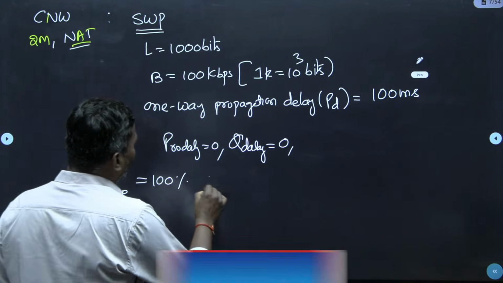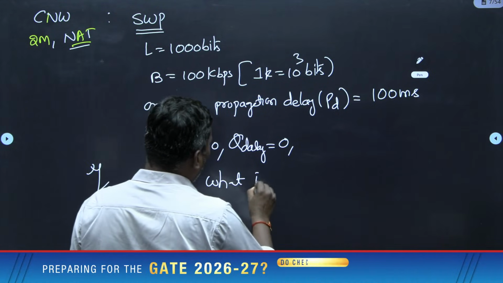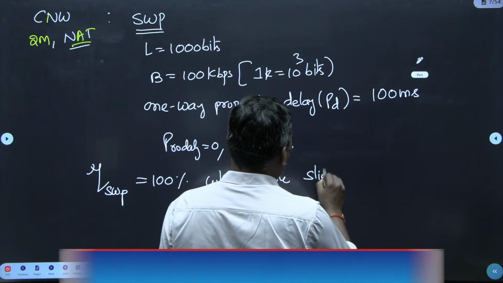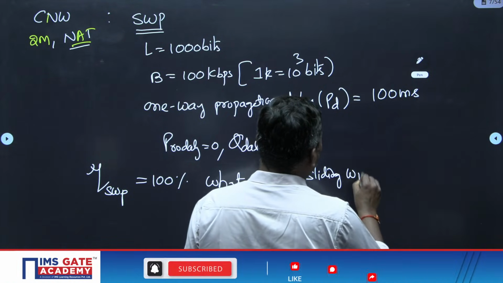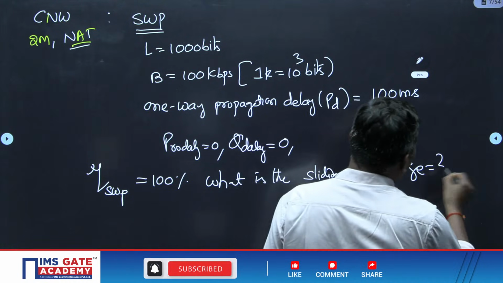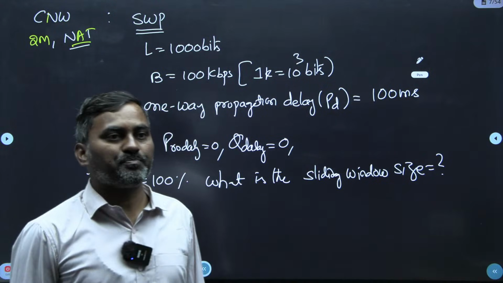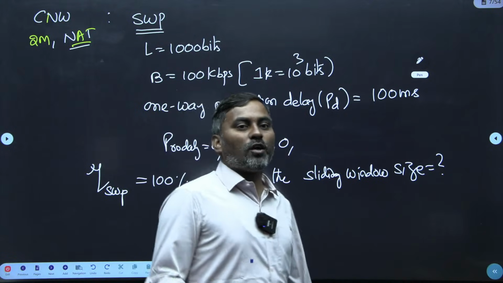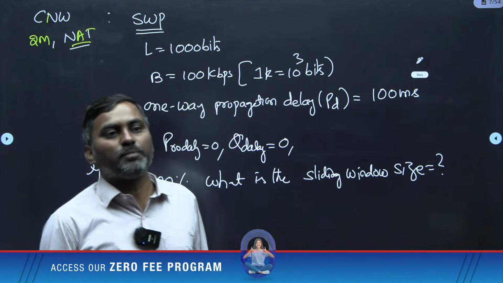What is the sliding window size the question is asking now? Window size is being asked. The sliding window protocol is mentioned, he did not mention specifically SR protocol or GBN.